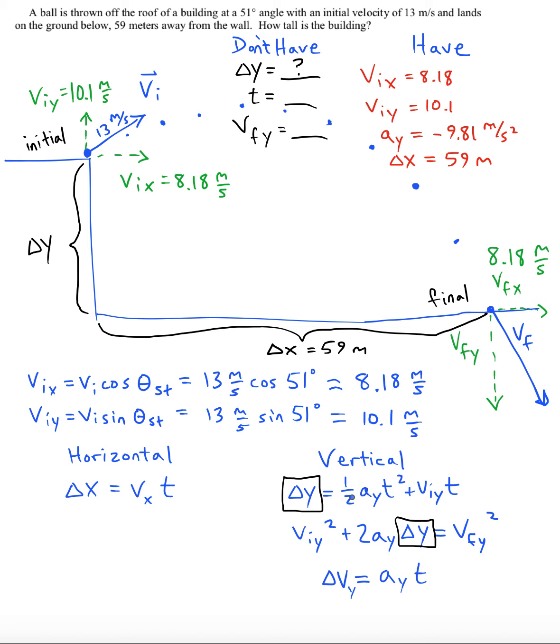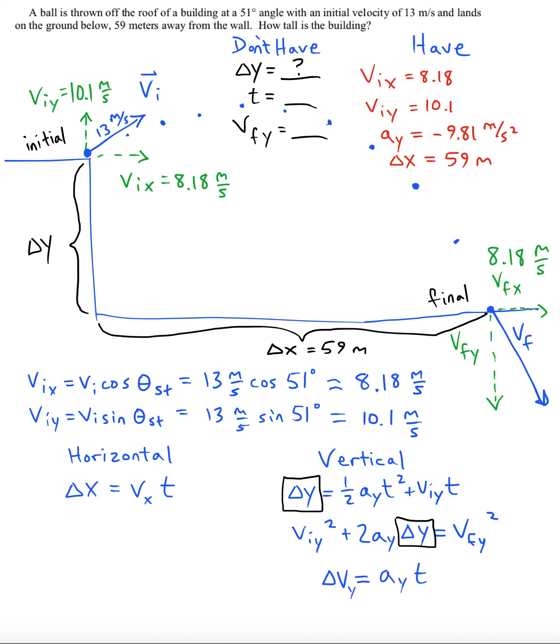The problem with the top one, though, is we wouldn't have the delta y, and we wouldn't have the time either. So that would be 2 unknowns in that formula. It looks like we can't solve it with that alone. Let's check out the next one. We don't have delta y. We do have viy. We do have ay, but oh, we don't have vfy. So we can't solve it with that one alone either.